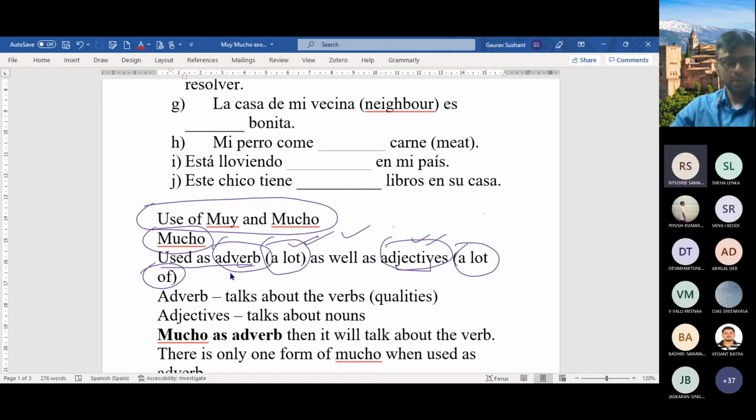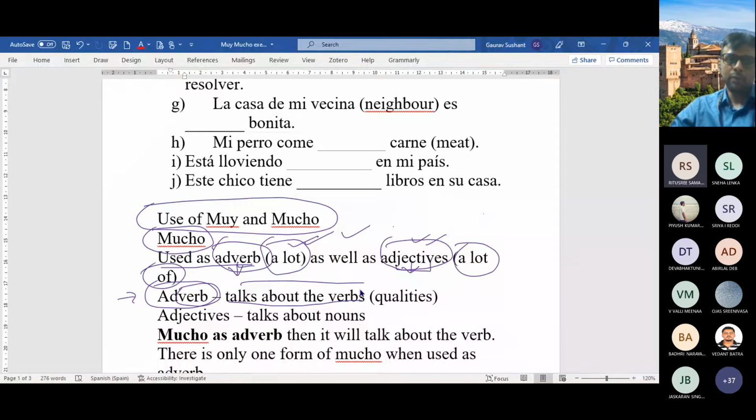So that is one of the basic differences which you can keep in mind if there is any confusion. Now you need to be very clear also what adjectives and adverbs are, because you cannot just simply remember this feature and then apply it. When we talk of an adverb, it talks about the verb's qualities. Even the name itself, adverb, means something which is adding to or talking about the verb.